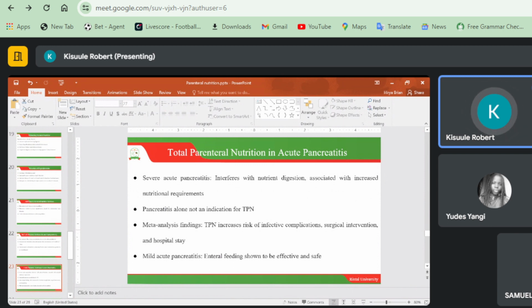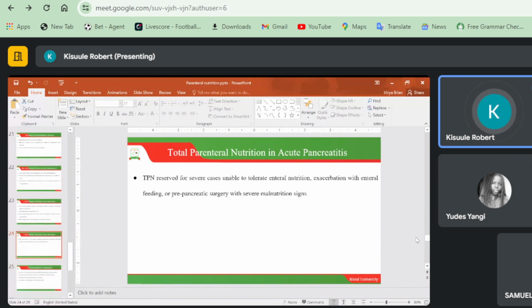Pancreatitis alone is not an indication for the total parenteral nutrition. However, we look at meta-analysis findings, and total parenteral nutrition increases risk of infective complication, surgical intervention, and hospital stay. Mild acute pancreatitis, here we will look at enteral feeding to be safe and effective.